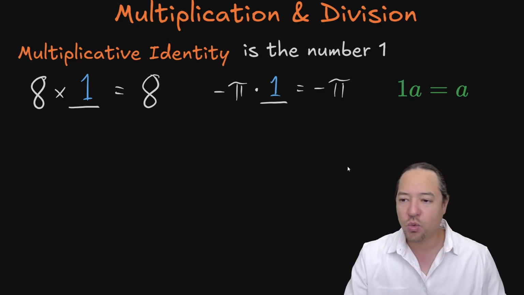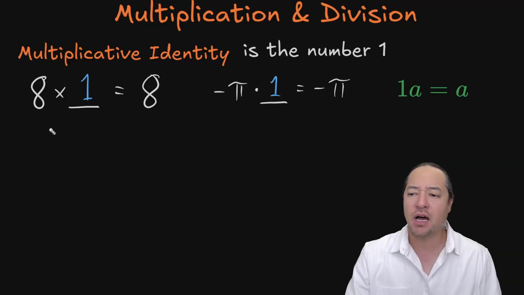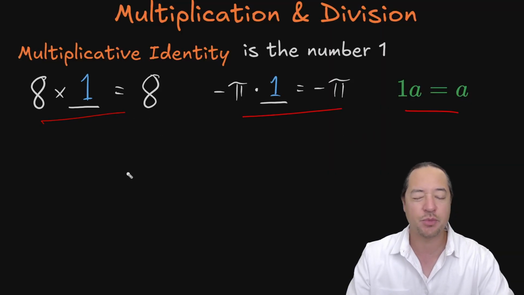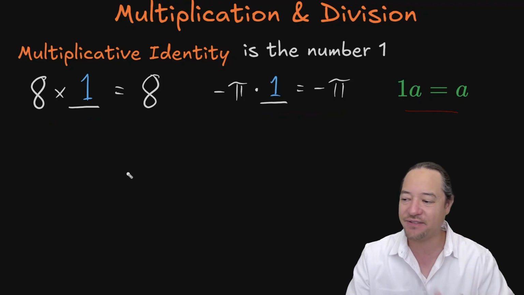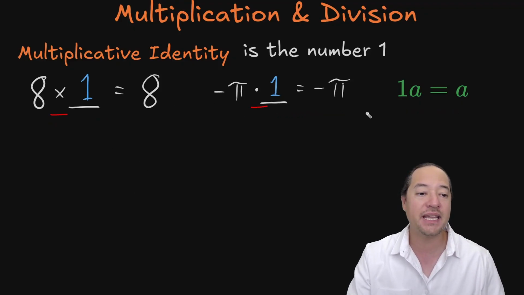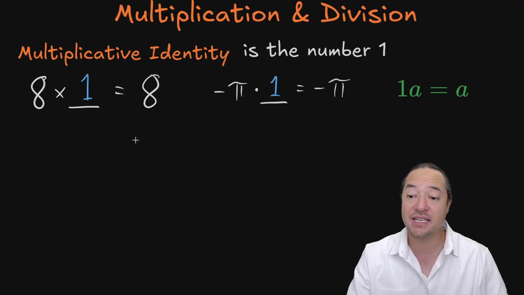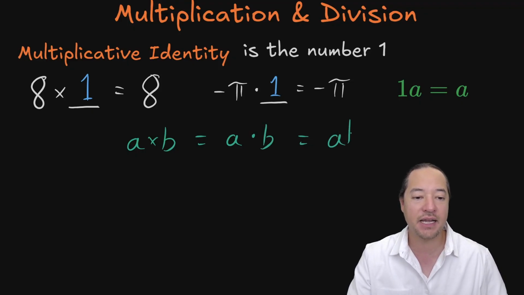Now, I want you to notice one thing here. I wrote 3 different multiplication operations here, but I wrote them each a slightly different way. And it turns out there are 3 ways that we can notate a multiplication. So the first way we can do this is we can say a times b, and that is equal to a times b, and that is equal to a times b.